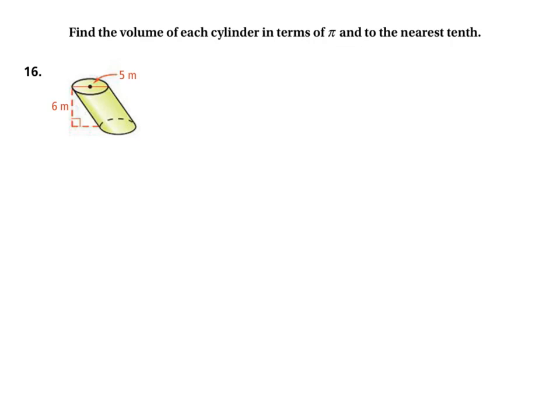You still do the volume is equal to pi times the radius squared times the height. And the height, what we're talking about, is the vertical height, the one that forms 90-degree angles with the base. So this vertical height of 6. So we say, okay, then the volume is equal to pi times, and now if the diameter is 5, then the radius is 2.5.